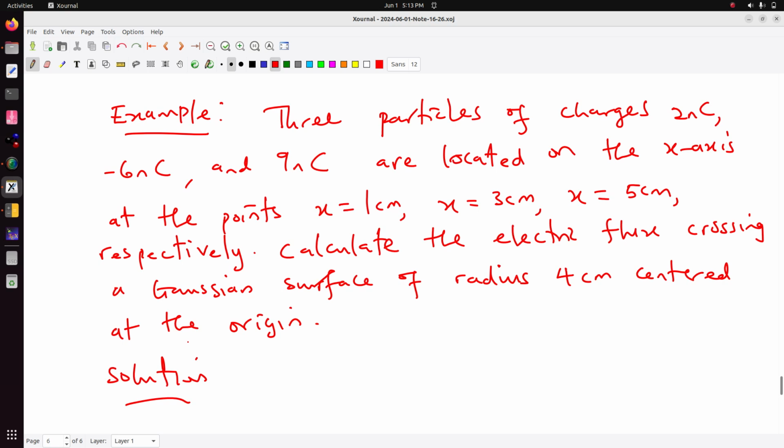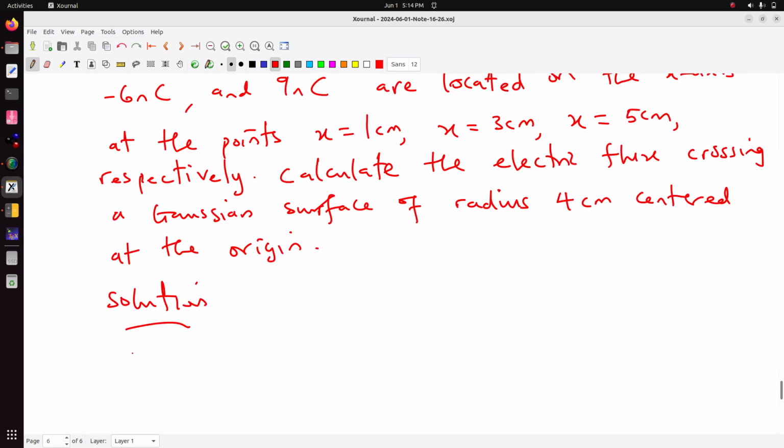The 2 nanocoulomb is located at 1 centimeter, the minus 6 nanocoulomb at 3 centimeters, and the 9 nanocoulomb at 5 centimeters. The question says calculate the electric flux crossing a Gaussian surface of radius 4 centimeters centered at the origin.